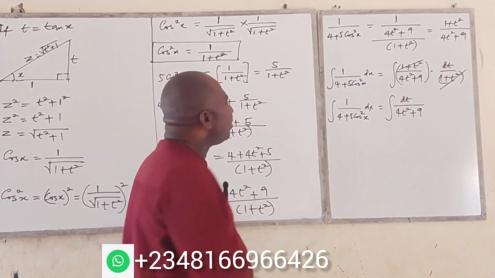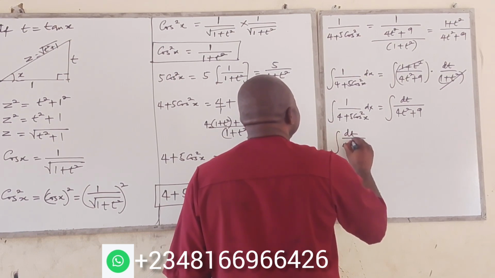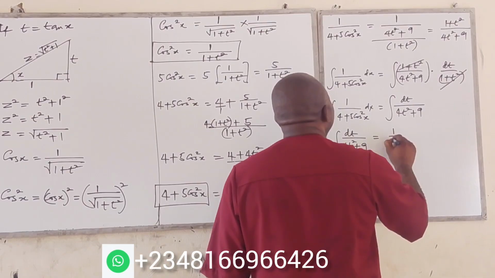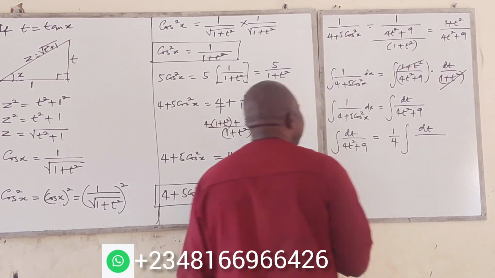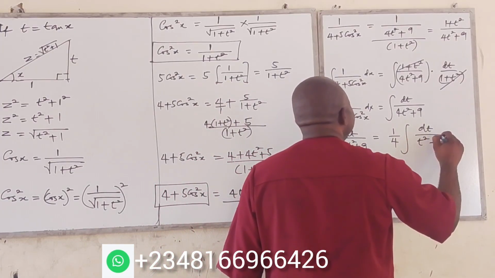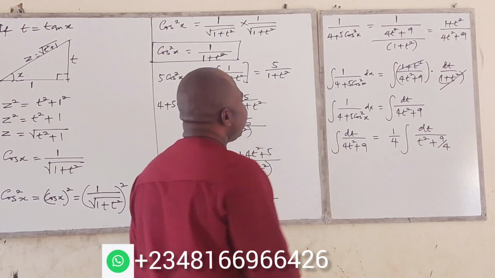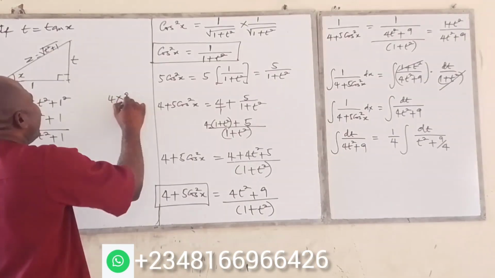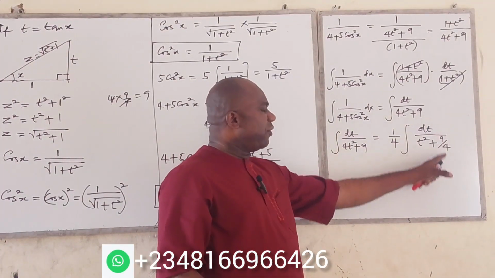Integrating dt all over 4t squared plus 9 is the same as 1 all over 4 integral dt all over, and this 4 is out, so we'll be left with t squared plus 9 all over 4. Because when you multiply 4 times 9 all over 4, it gives 9.